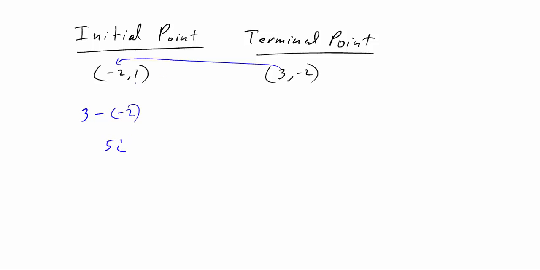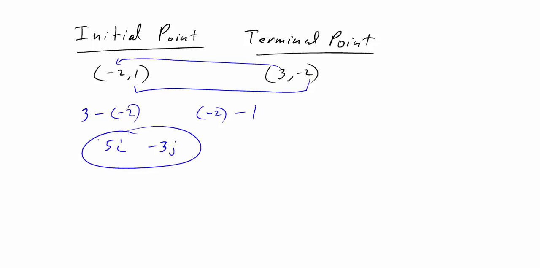And then we would take -2 minus 1, and that's going to give us a -3, and that would be the vertical component, so that would be -3j. So therefore we end up with 5i minus 3j. And once again, that's the same thing we did before when we were looking at the component form of 5 comma -3, but here we're just doing the same thing, putting it in terms of i and j.